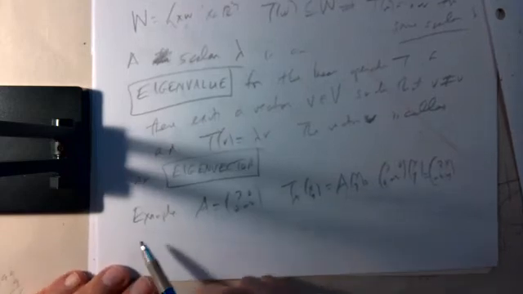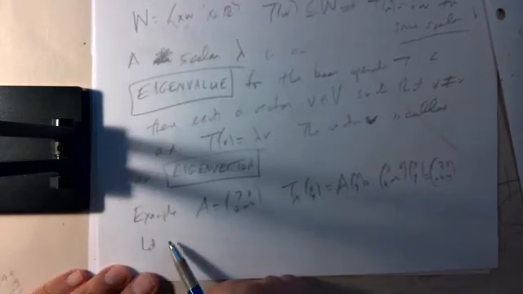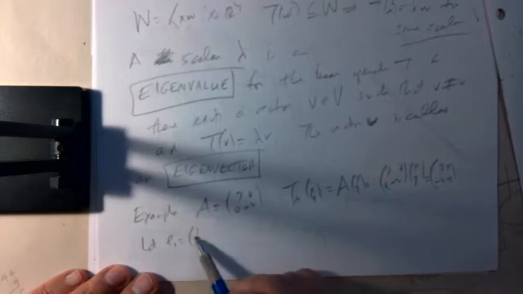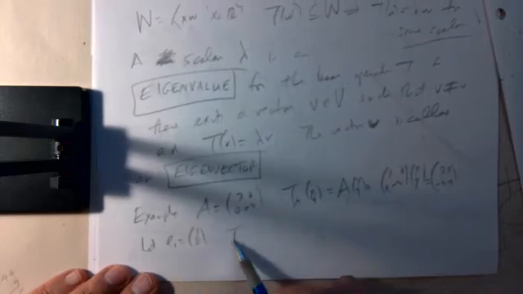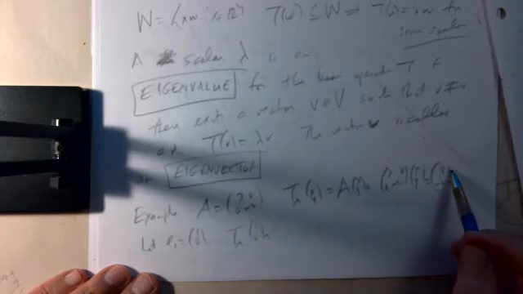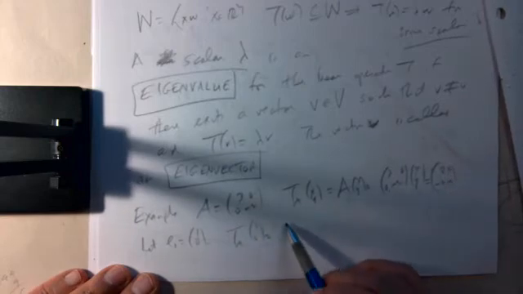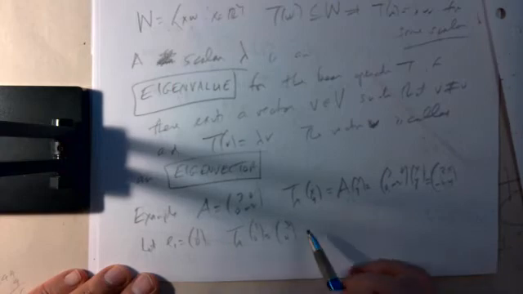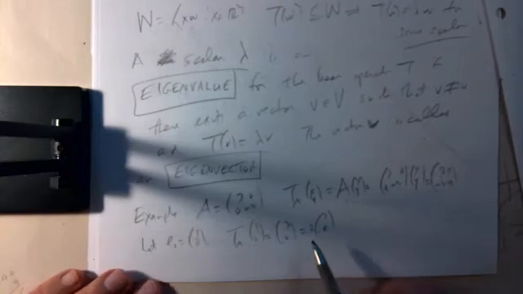And then you can notice, if we let E1 be the vector (1, 0), then T sub A of (1, 0), when you plug in x equals 1 and y equals 0, you get (3, 0), which is 3 times (1, 0).